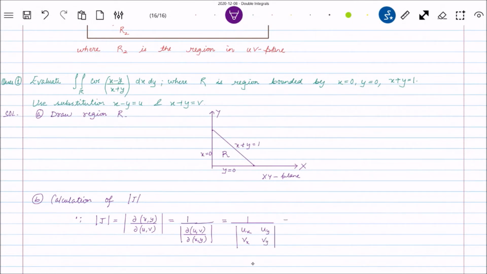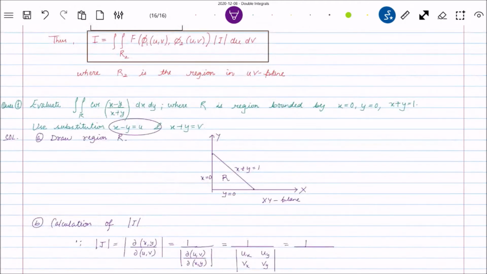Now I will find these partial derivatives. Del u by del x, if you differentiate this with respect to x, will be 1. Del u by del y, differentiate with respect to y, will be -1. Del v by del x is 1, and del v by del y is also 1. So if you find this, you will get 1 plus 1, that's 2.